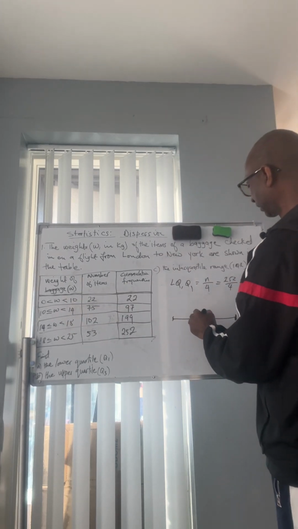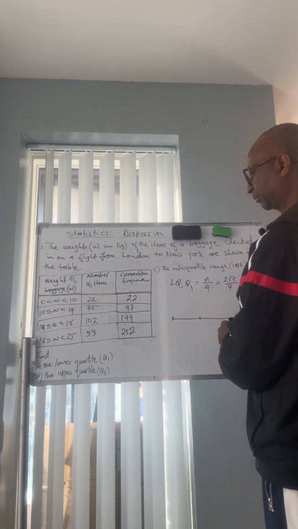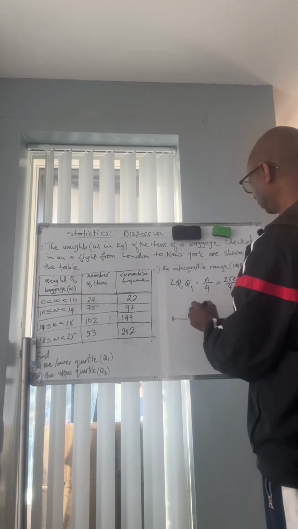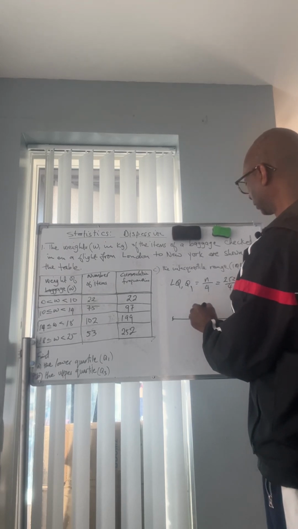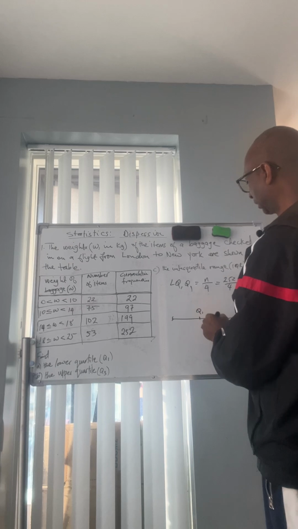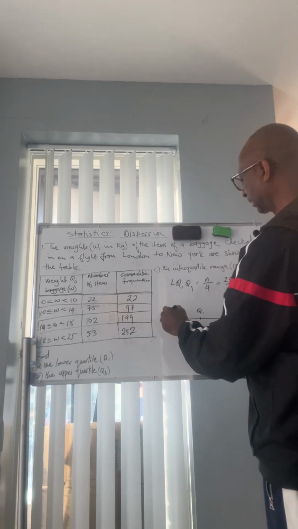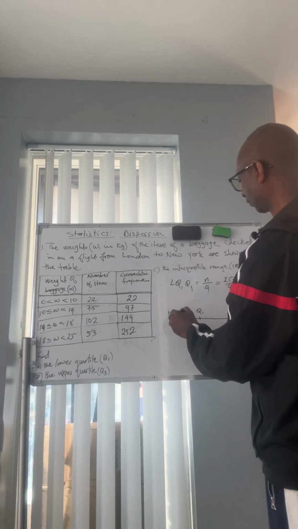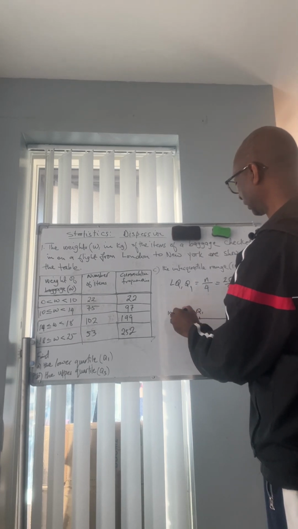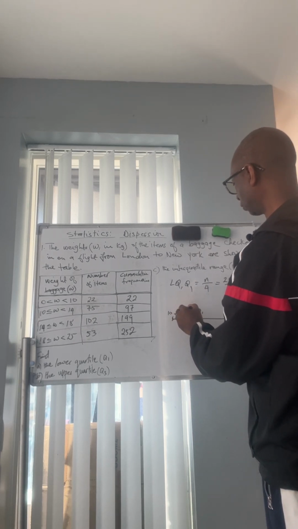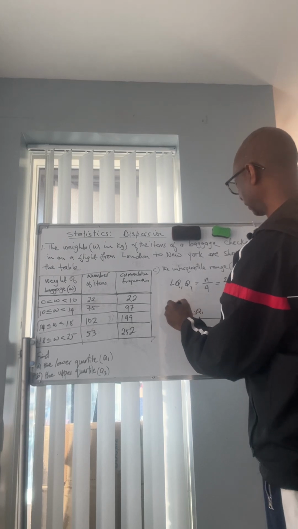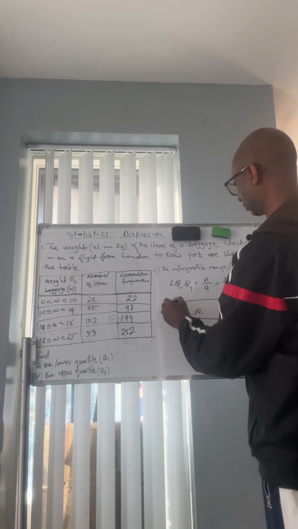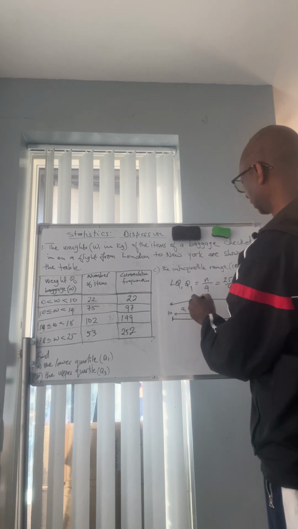So if this is here, 14 is here, Q1 is here, and we know it's between 10 to 14. So if we say here is A1 and this is B1.